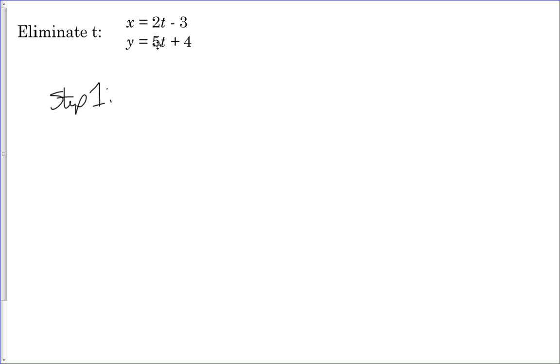Well, if we want to eliminate t, and we treat this as a system of equations, all we need to do is get the same value in front of t, just one positive and one negative. So if we multiply the top here by 5, multiply the bottom here by negative 2, we're going to get 5x equals 10t minus 15, and we're going to get negative 2y equals negative 10t minus 8.